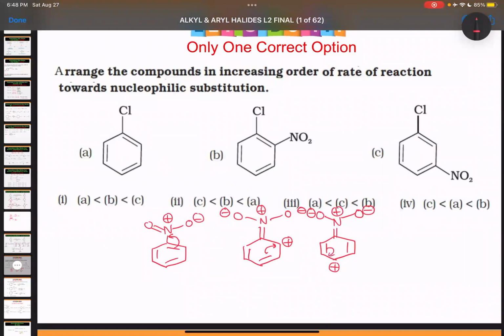And the positive charge appears on the ring at the ortho and para positions with respect to the nitro group.